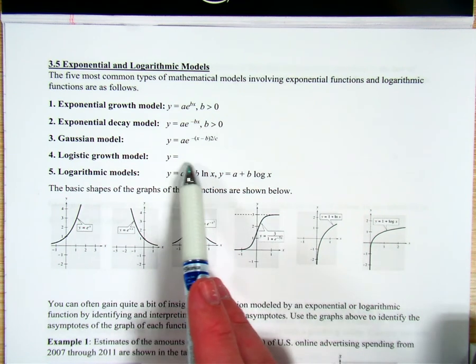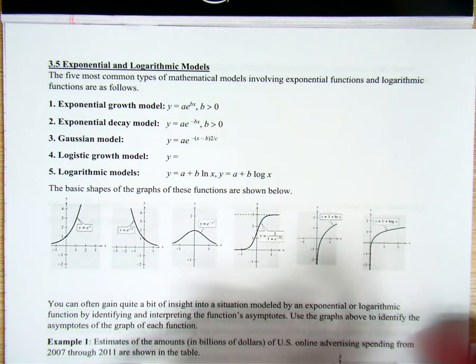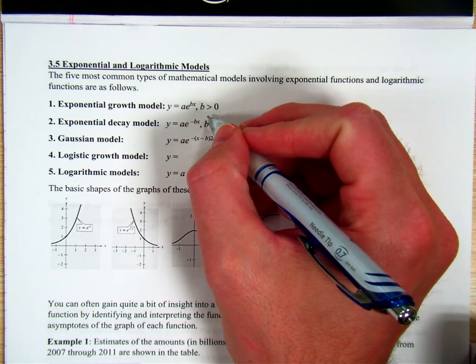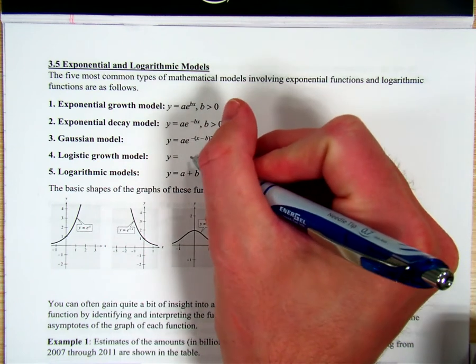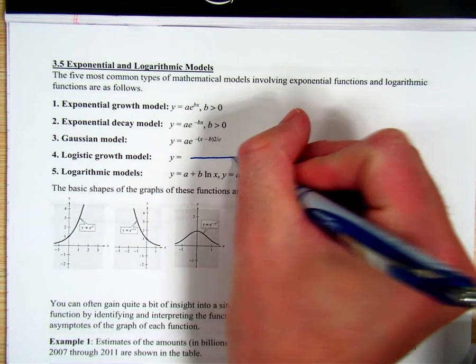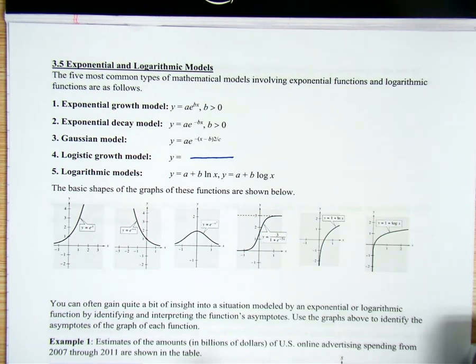And this kind of disappeared on us, didn't it? It didn't print off. I will do my best to write this, but you know my handwriting is that of a probably 2nd or 3rd grader.